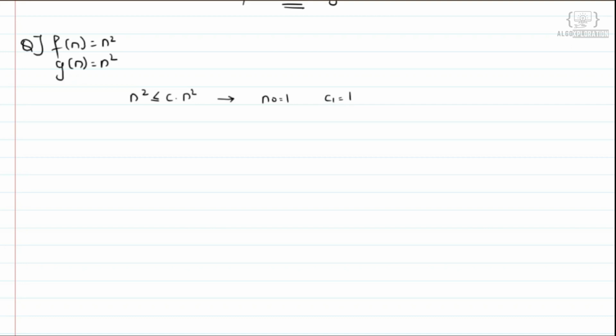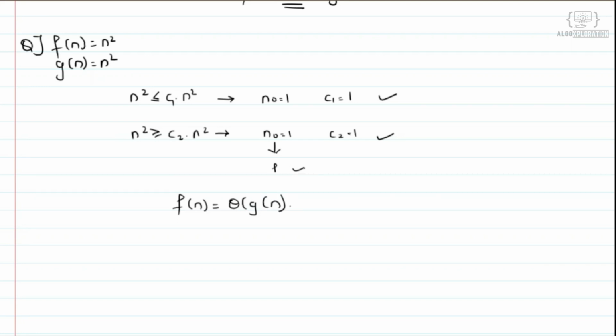Similarly, substituting in the second equation, we get n square is greater than or equal to c2 into n square. Here also n naught is 1 and c2 is 1. The common value between these is 1 only. So we get these three values, and we can say that f of n is equal to theta of g of n.